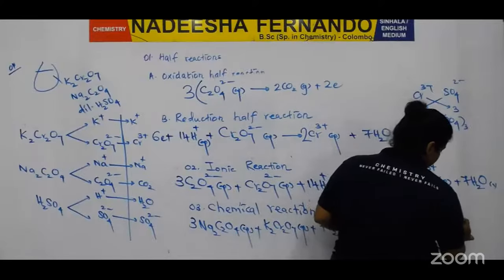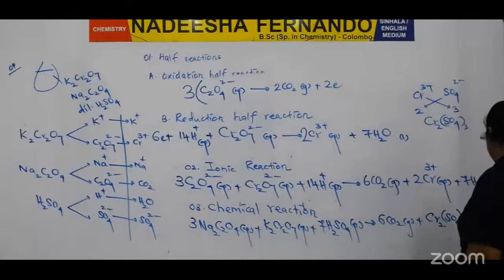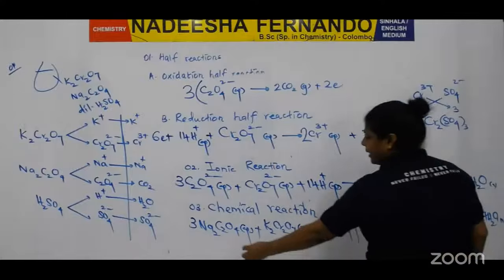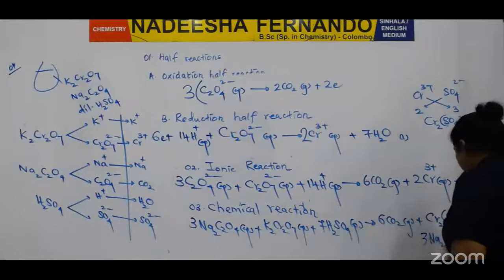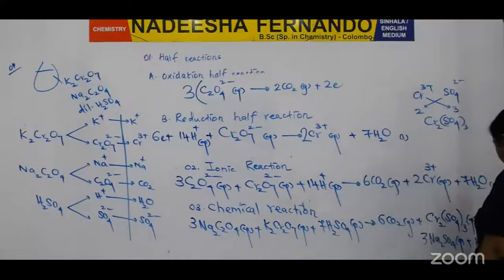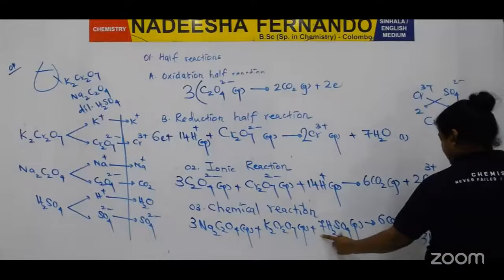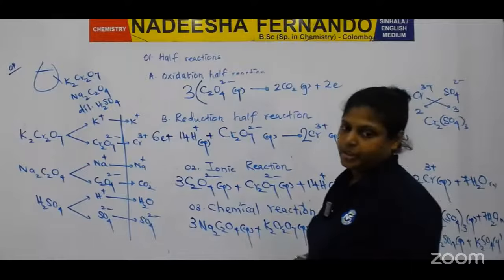Just write Cr2(SO4)3 plus 7 H2O liquid. To balance sodium, add 3 Na2SO4. To balance K2, add K2SO4. Total sulfate 7: here 3, here 3, 6, including this one, 7. So this is the answer.